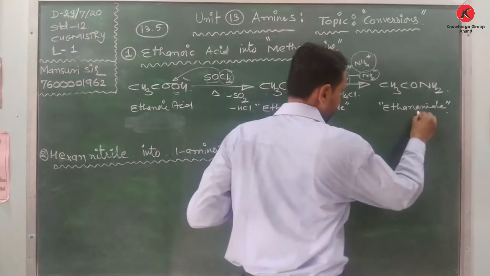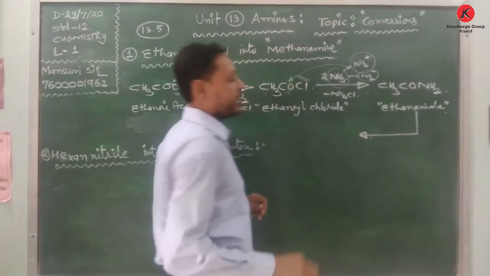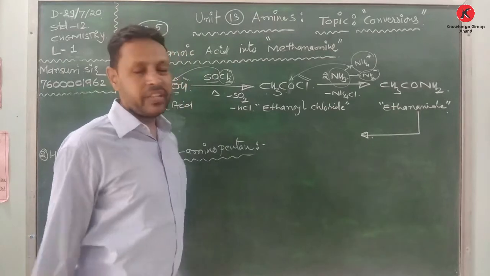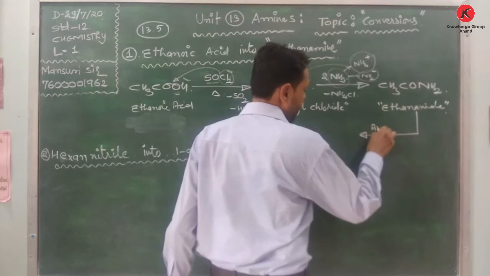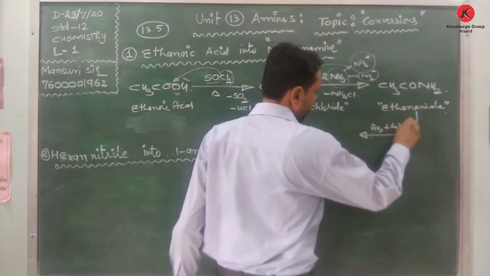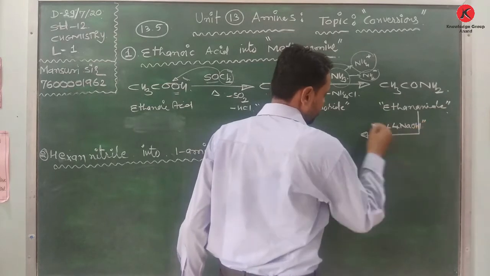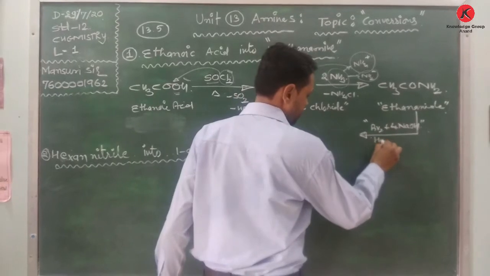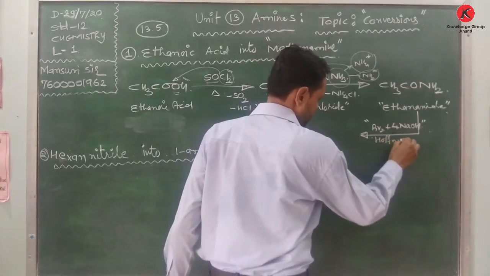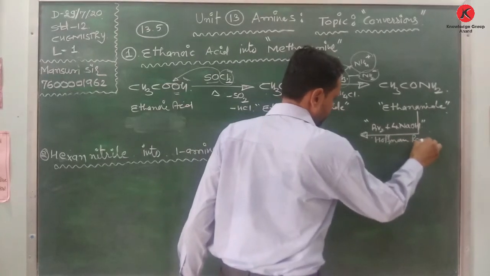Here ethanamide, now it will convert to amine by which reactant? By the mixture of Br2 plus 4NaOH. You know very well that this is Hofmann reactant.